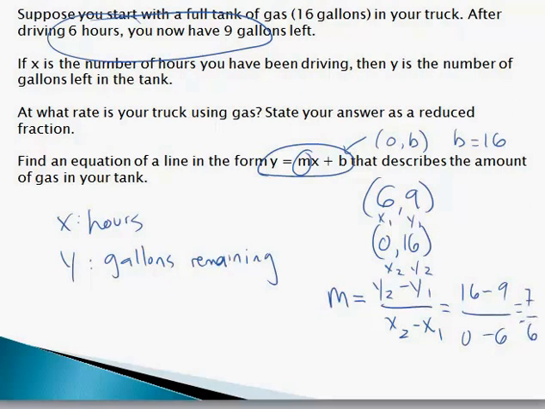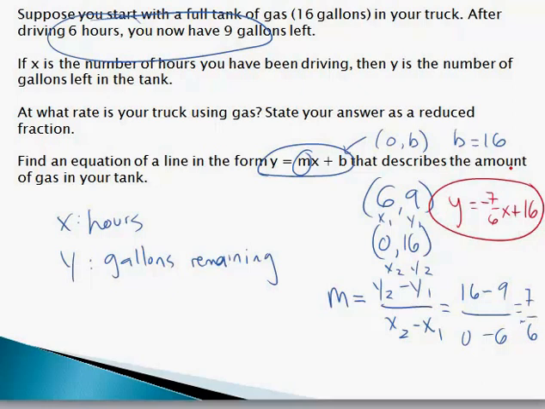Okay, so that allows me to write the equation of the line, which is y equals -7/6x plus 16. So does it make sense that it's negative? It does, because you're losing gas, right? Less gallons. As time moves forward, the gallons move downward.